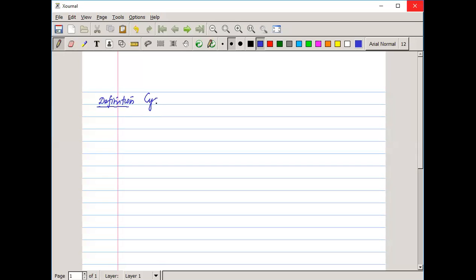Definition: cycles in Sn. So let's choose the set X with n elements.